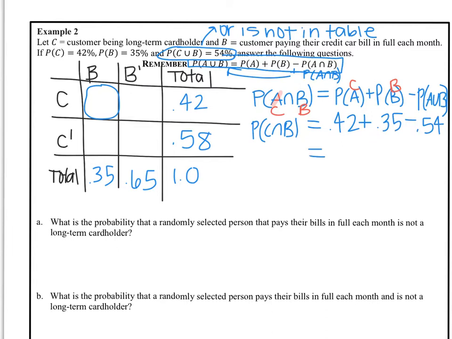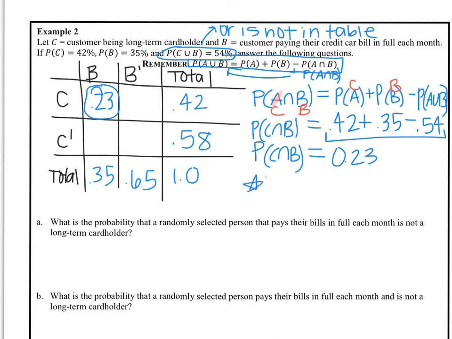So go ahead and type those 3 things into your calculator, and you end up with 0.23 is the and. So P of C and B, 0.23, is the intersection. Okay? So for a Venn diagram, you're going to use this to help fill in the chart.